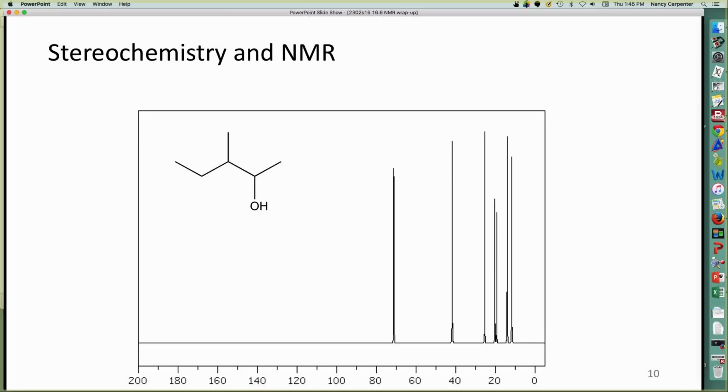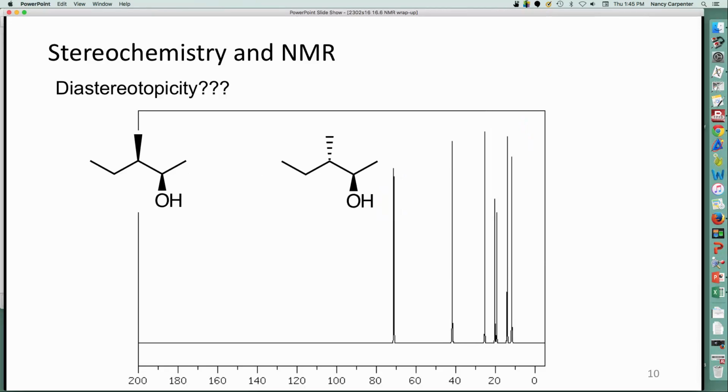How many signals do I have? 1, 2, 3, 4, 5, 6, 7, and I can't even tell, that might be 2. So I have at least 7 signals, maybe 8. What in the heck is the deal here? Well, the deal here is stereochemistry. We're looking at the carbon nucleus right now, and so I ask you, is that carbon in the same electronic environment as this one?